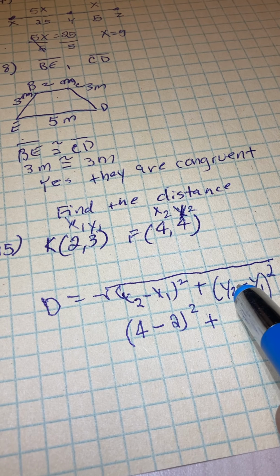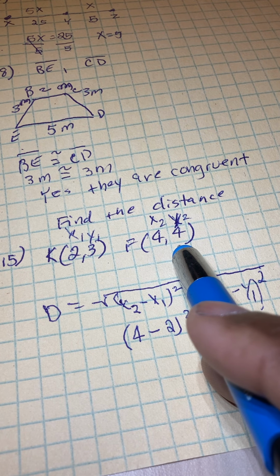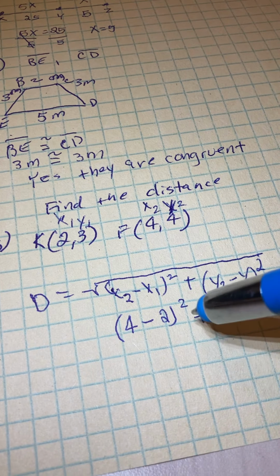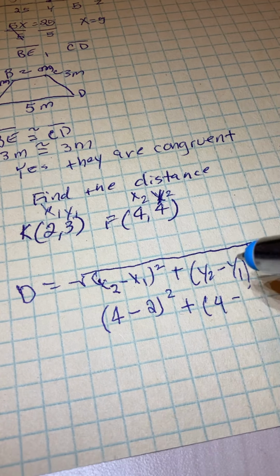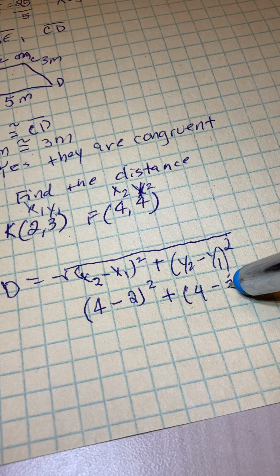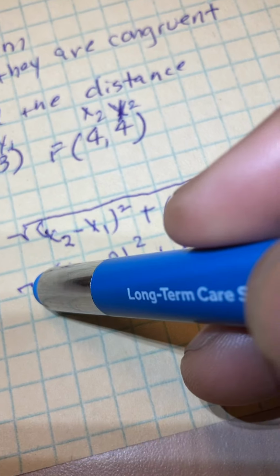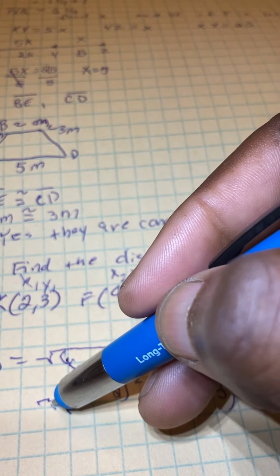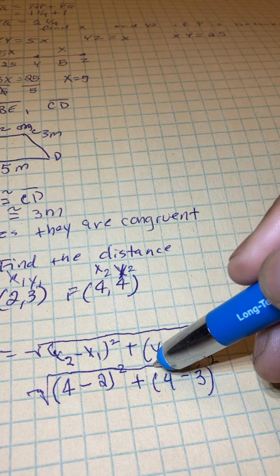Okay? y2 is 4. So put a 4 there. y1 is 3. And you're going to take the square root of all of that.